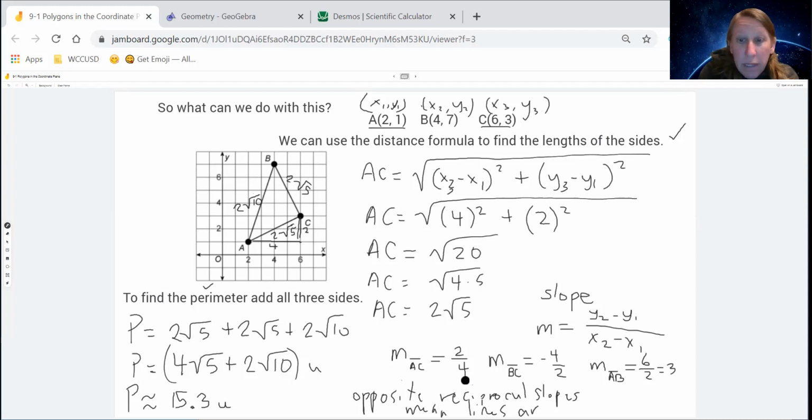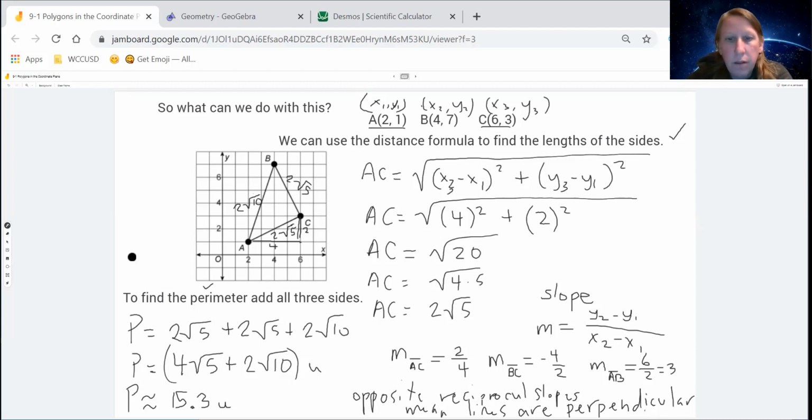Lines are perpendicular. My bad. Okay, parallel means they're the same. Perpendicular. Wow, that's not how you spell perpendicular. I don't even know what that says. Perpendicular.